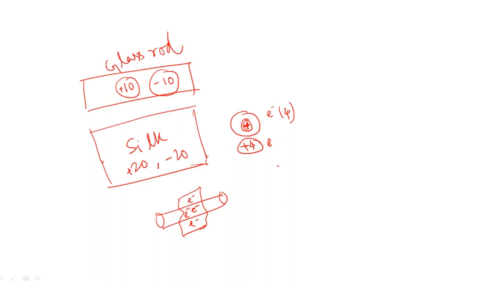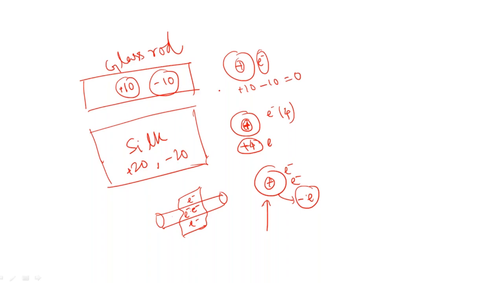So when we rub the glass rod with this kind of cloth, or in the case of your comb and hair, the comb might be losing electrons and the hair might be taking up the electrons. Suppose I had a neutral atom, one positive and one negative. If I give one electron to this, I am not giving a positive charge, I'm just giving one electron, that means negative charge.